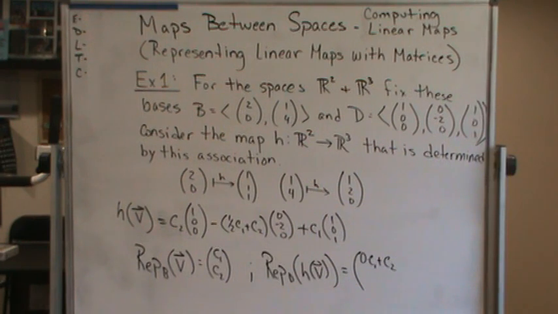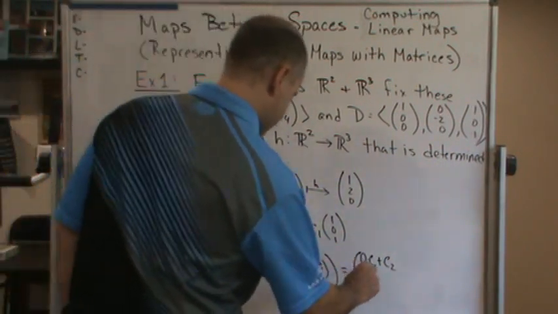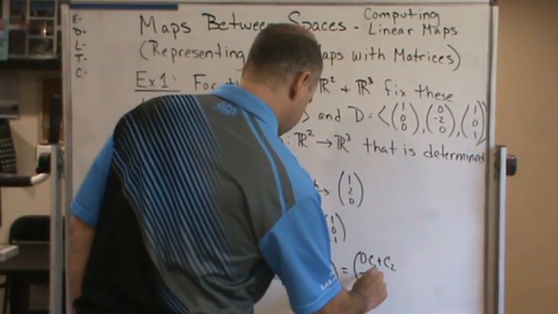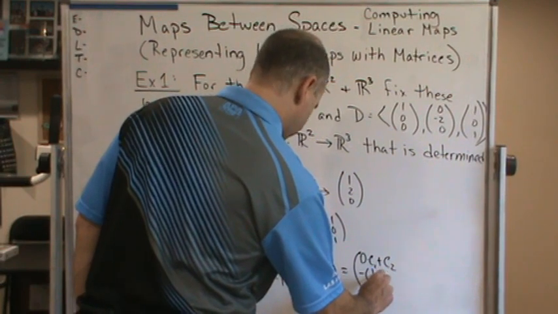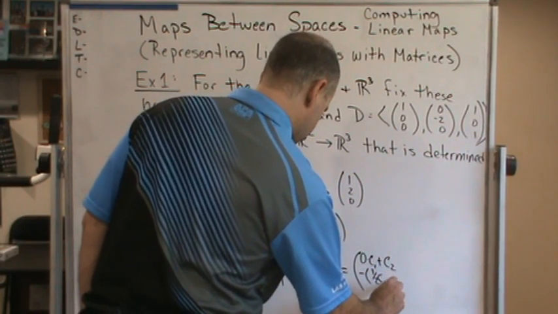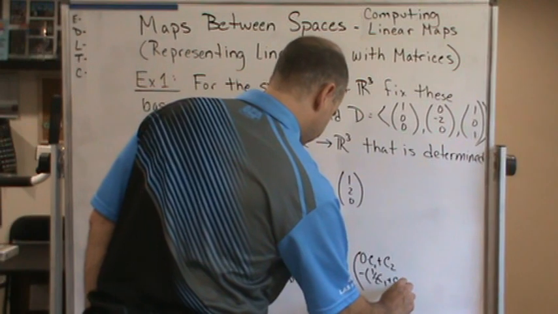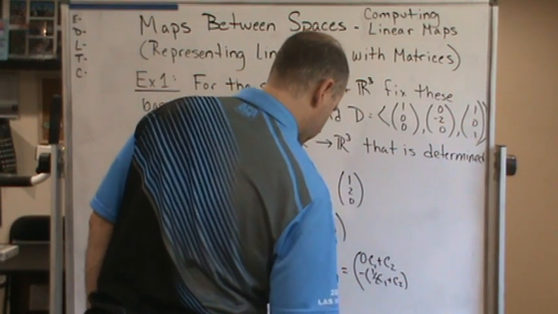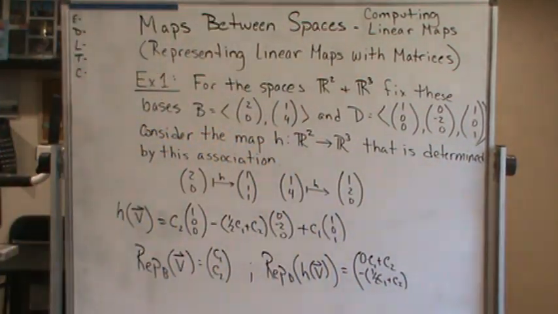And then it'd be negative the quantity of 1/2 C1 plus C2.